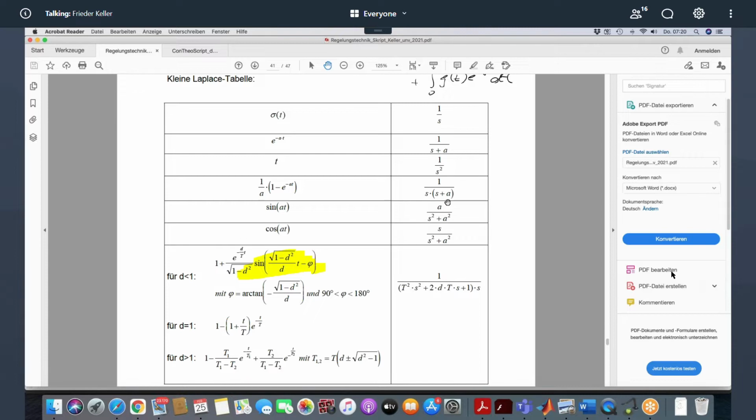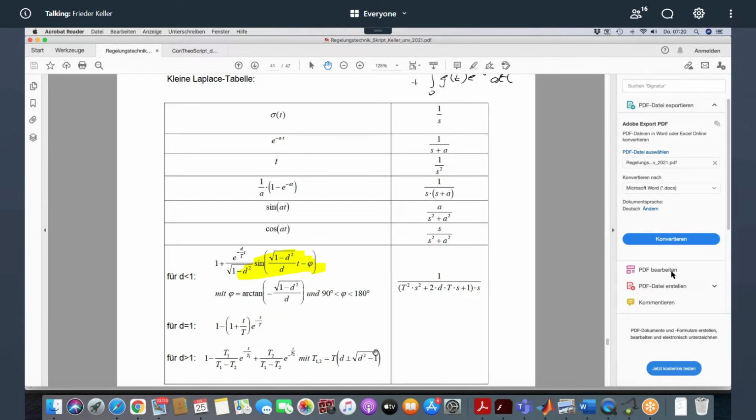Yes, and so of course in many Laplace tables that is also listed here on the right side. Then comes something which seems to be very easy on the right side. It's not that complicated, that thing here. And on the left side it gets complicated, the complicated time functions here.